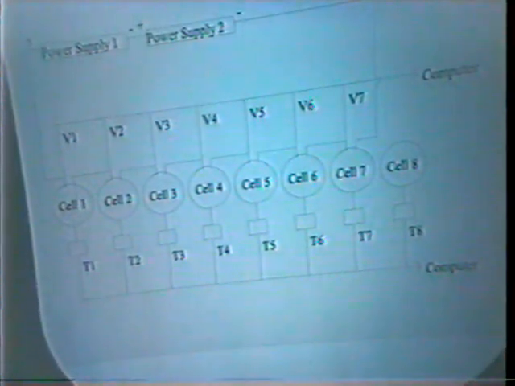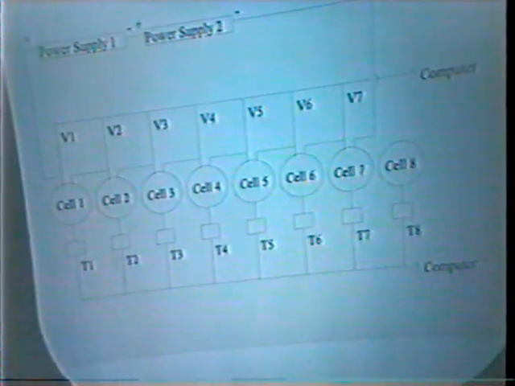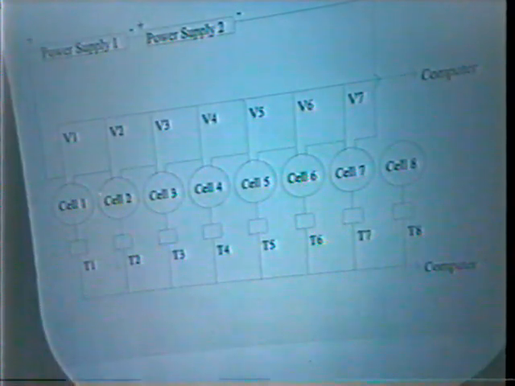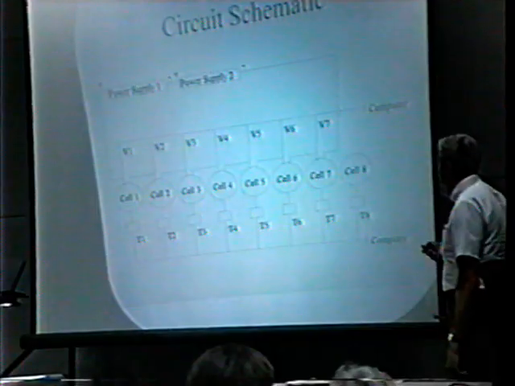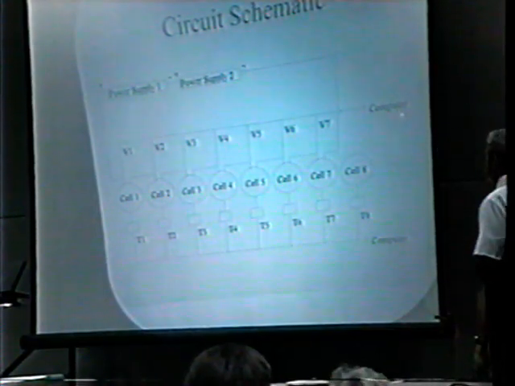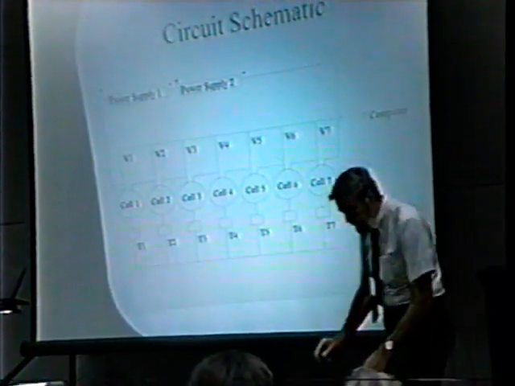Cells 1 to 6 have platinum electrodes, they all have platinum anodes. Cell 7 has platinum cathode and light water, and all the rest have titanium cathodes and heavy water. Okay, so then hooked up to a power supply and data acquisition system.